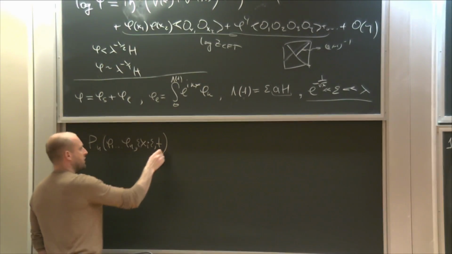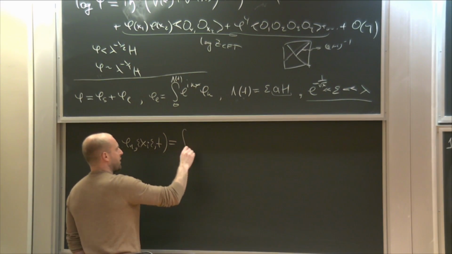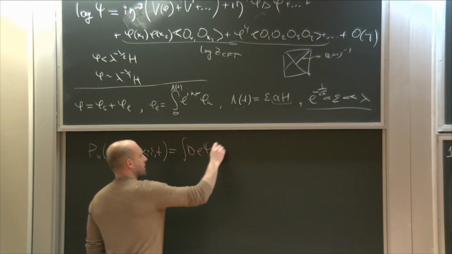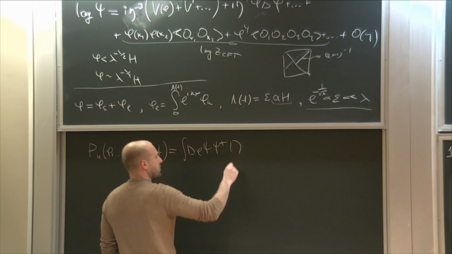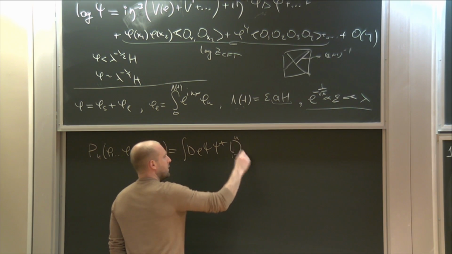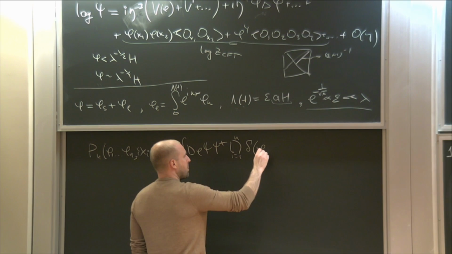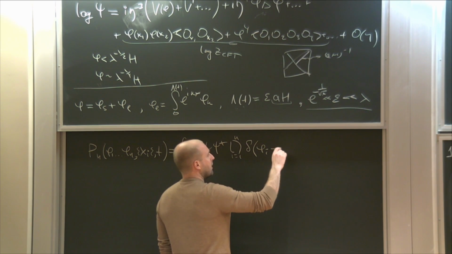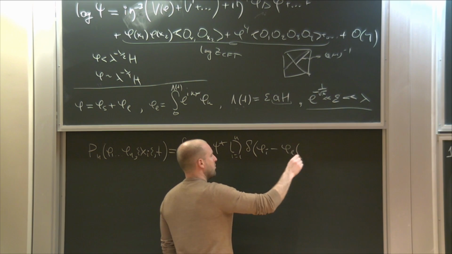Good. So now let me define these probability distributions, as I promised. The probability distribution is going to be a function of n variables, coordinate distances between the points, and an explicit function of time. It's defined in the following way. It is the integral over d phi of psi star psi, with a bunch of delta functions of long modes.